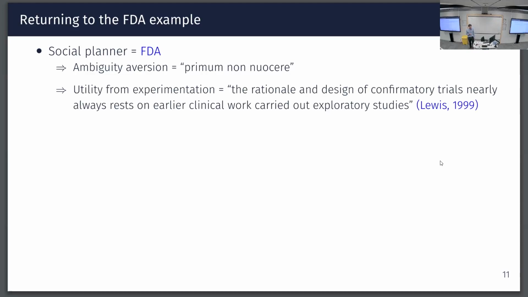Okay, so we have a social planner, for instance the FDA. Ambiguity aversion relates to this Hippocratic notion of primum non nocere. Utility from experimentation comes from the fact that most clinical trials sometimes rely on previous studies. So yeah, I'm just quoting Lewis' words before. You're making a lot of steps here.